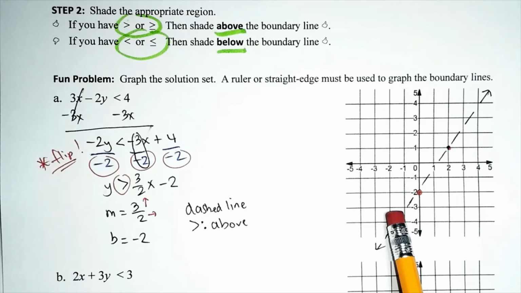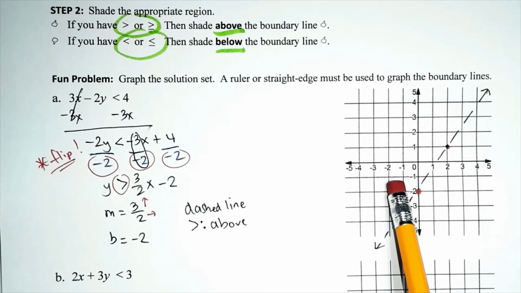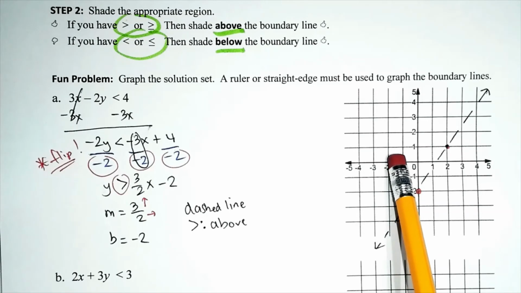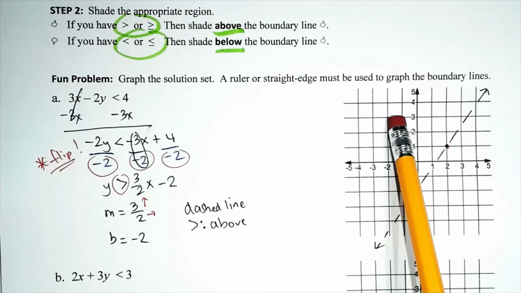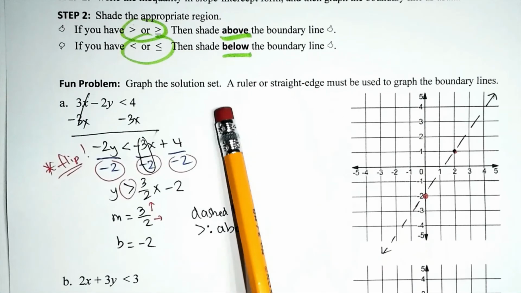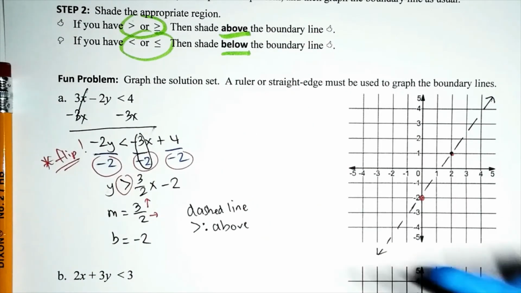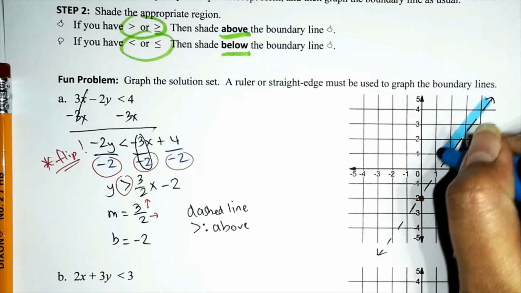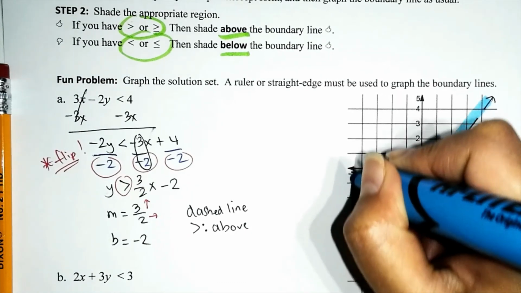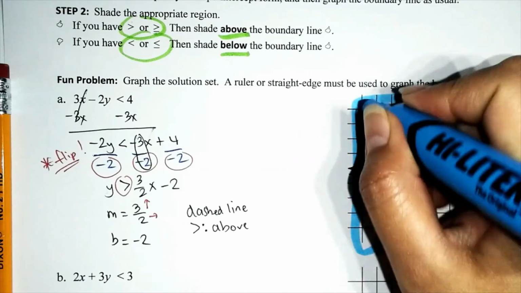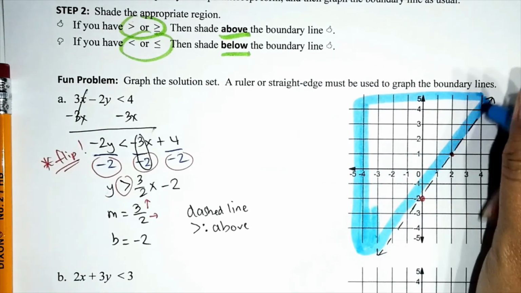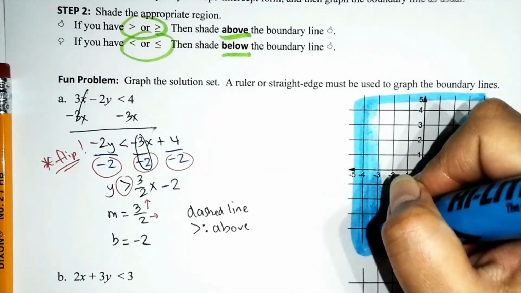Whatever area your finger's touching going up, that's the above part, so that's the part we're shading. Go ahead, use your pencil, do what you gotta do. I gave you my speech why I'm using a highlighter.